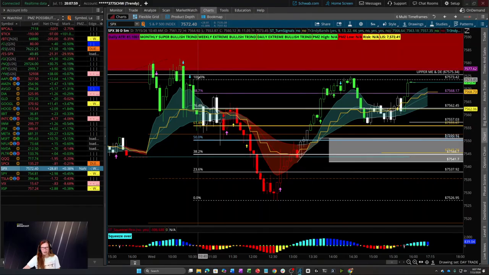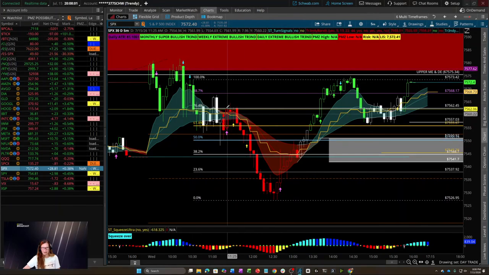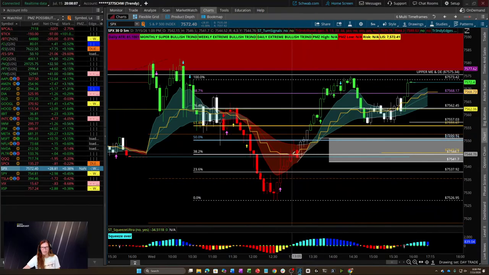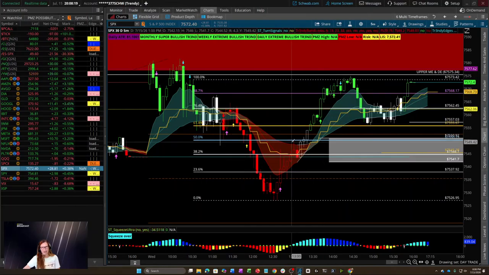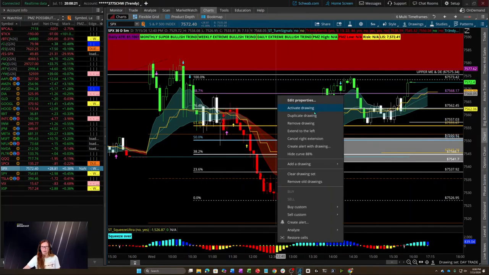I've taken the trade from here to here. I've collected my profits and I want to stay in if the trend wants to keep going down. But once price gets above that 38.2, it is a telltale sign that price is probably reversing. And that's exactly what happened there.